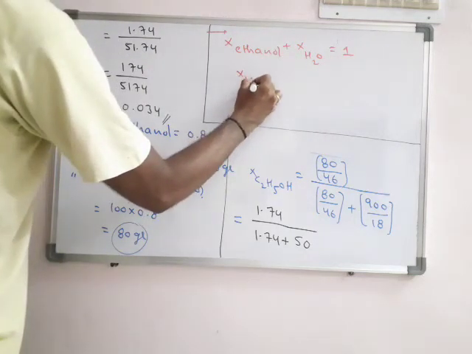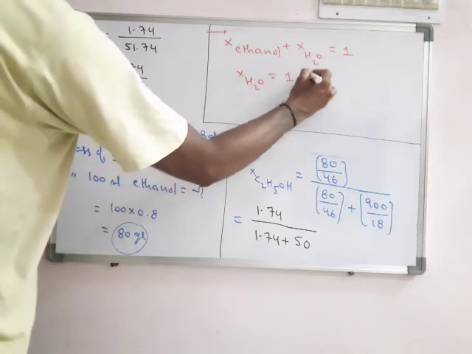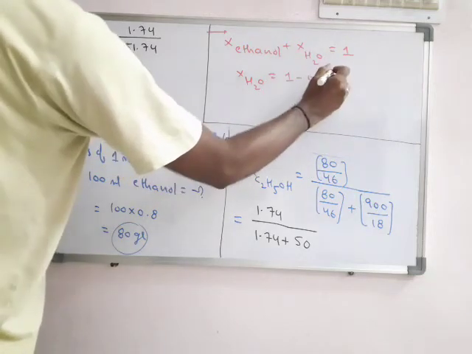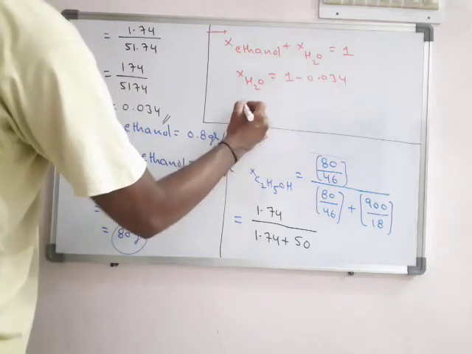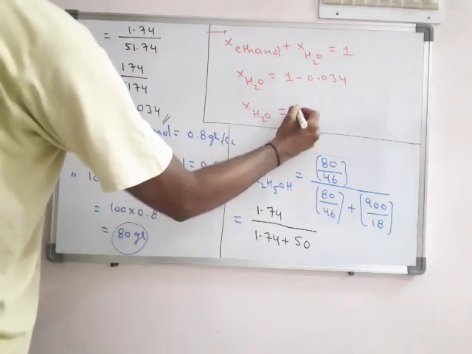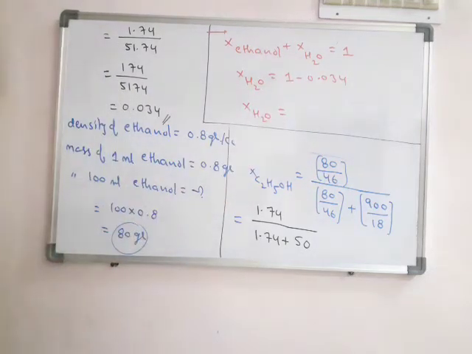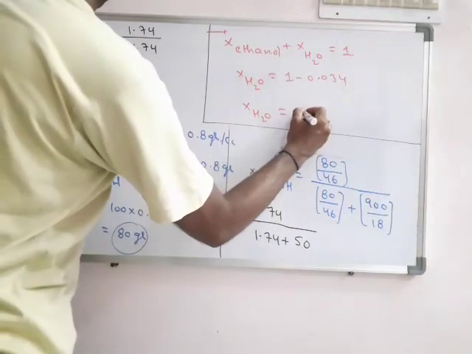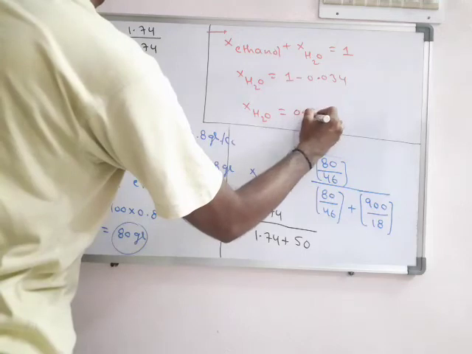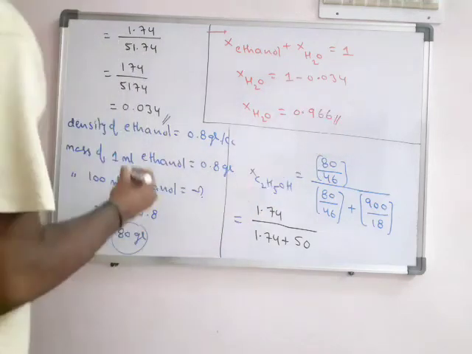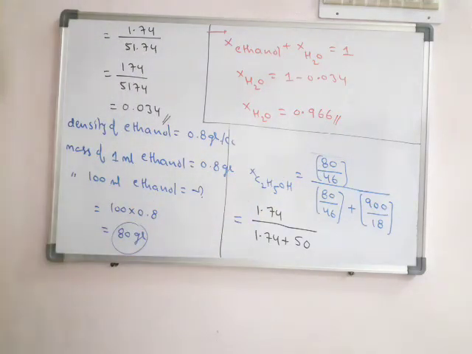So therefore mole fraction of water is equal to 1 minus mole fraction of ethanol, 0.034. So we'll get 0.966. So these are the mole fractions of water and alcohol.